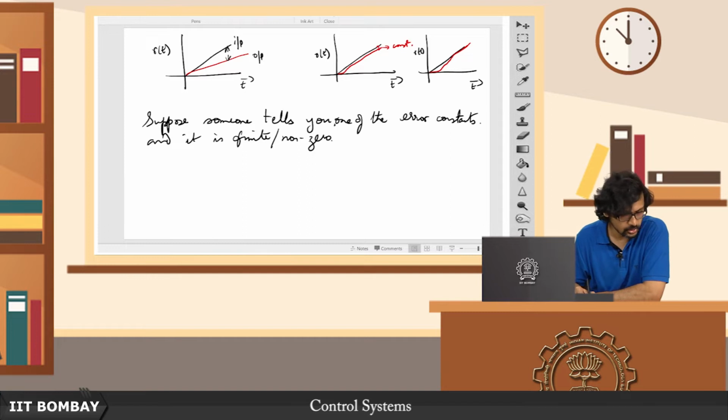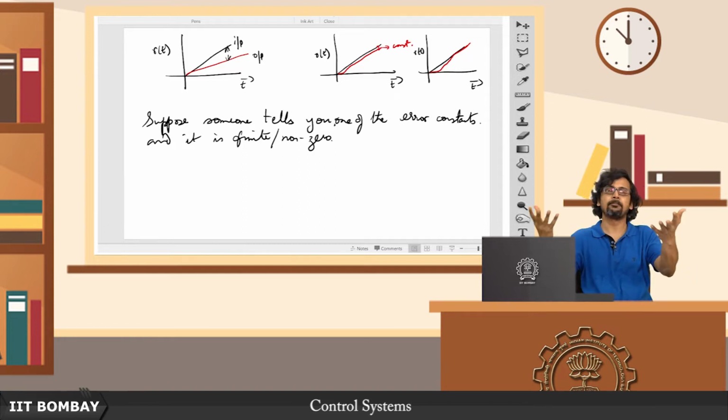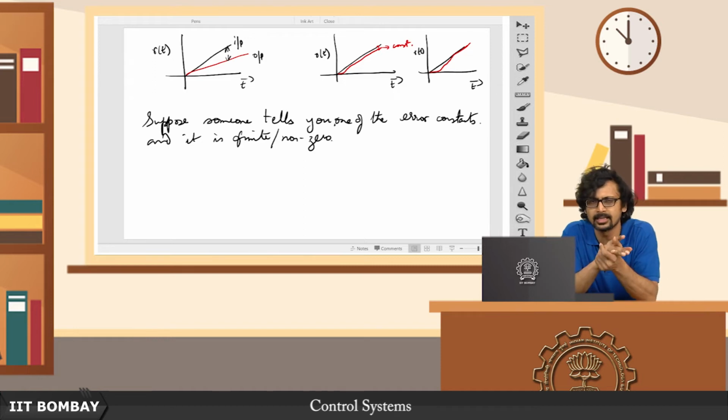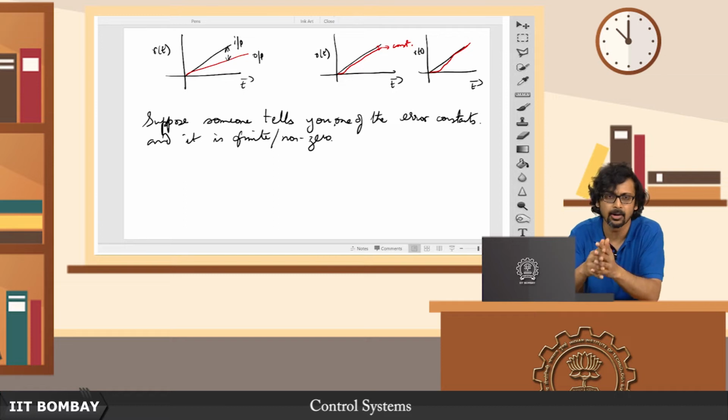So suppose I tell you the value of, let's say, Kp or a Kv or a Ka for a particular system, and I give you a number that it's 0.5 or it's 100 or it's 250, something like that. I just give you a number, or maybe something finite, something non-zero, any number I give you.